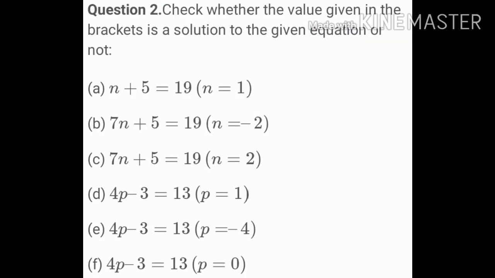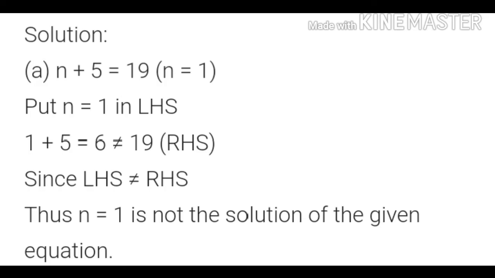Now the second question of the exercise. Here F parts are given where the value of n is different in each part. We are going to replace the value of n, solve the equation, and check whether the value satisfies or does not satisfy. So A part, n plus 5 is equal to 19.